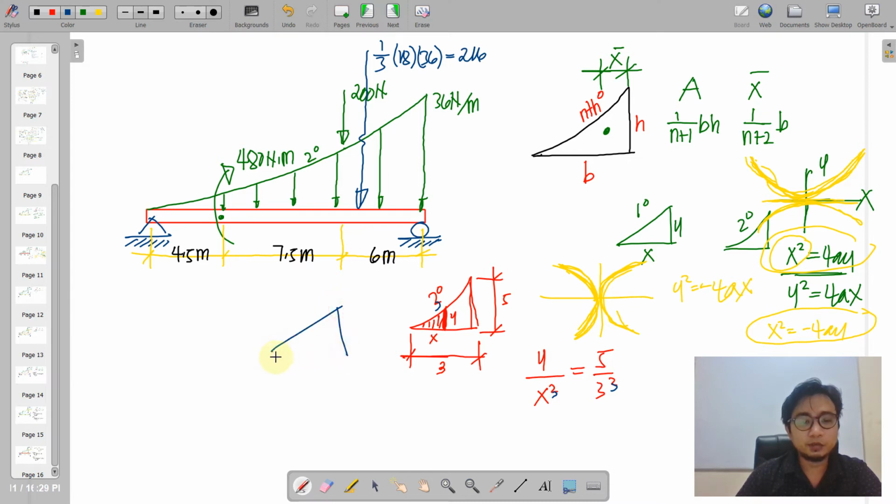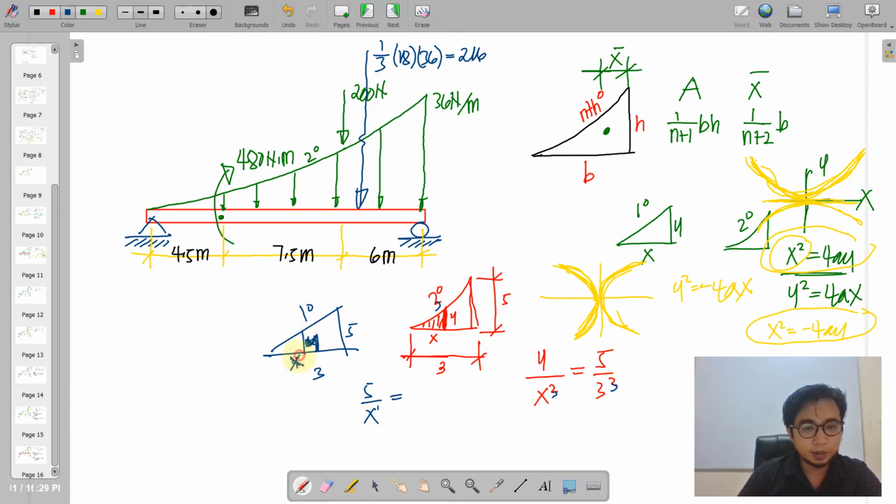Of course, if you have a triangle here, say 5, 3, and then this is x and y, we just have to say that 5 is to x, of course raised to 1. That is a first degree because this is a first degree. Say this is x and this is y.